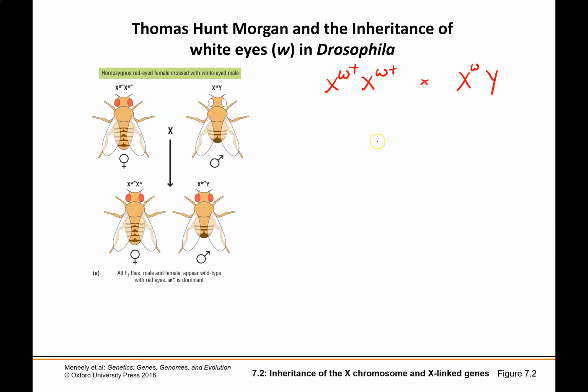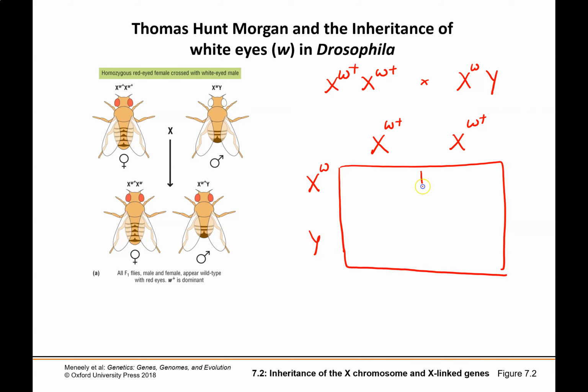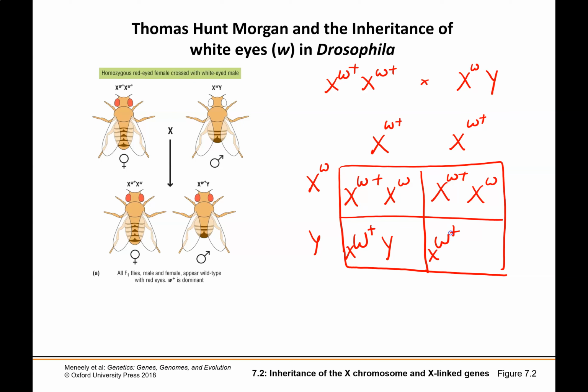Just like all of our other Punnett squares, we're going to write this out, remembering, of course, that these represent the potential gametes that could be formed by this pairing. As expected, we are going to get all red-eyed individuals.